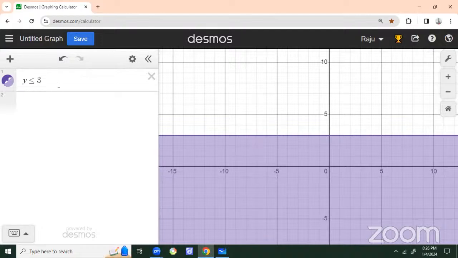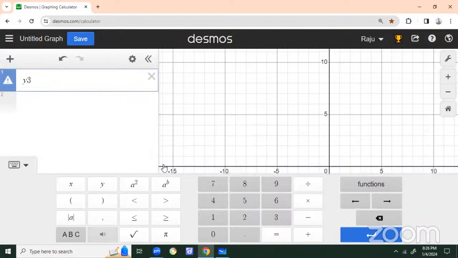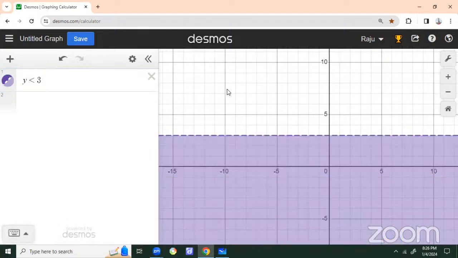Now, if this was not less or equals to, if it was less than 3, then see here, what difference do you see? When we have to plot the linear inequality with one variable y less than 3, do we have the straight line over here, the boundary line? No, we don't have the straight line. We have the dotted line, which we talked about yesterday also while drawing the solution region for linear inequality manually, right?